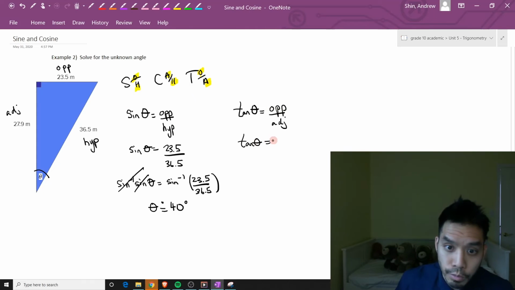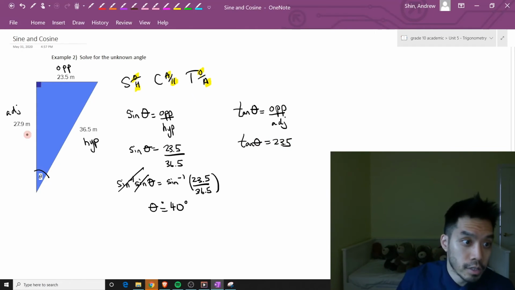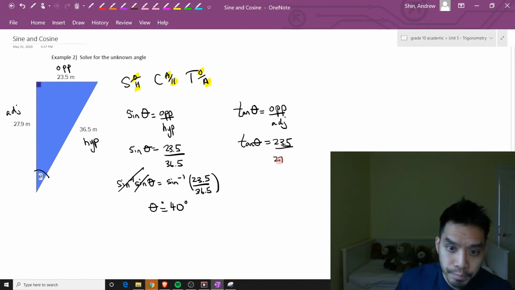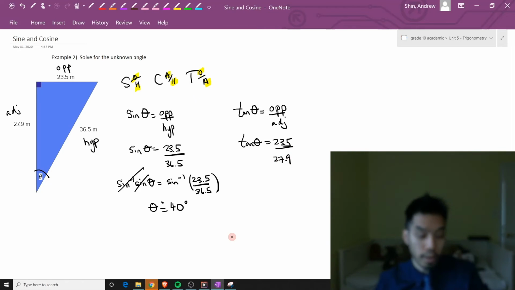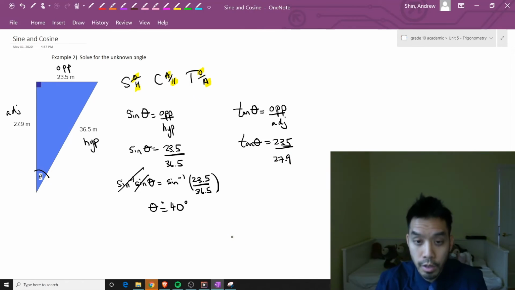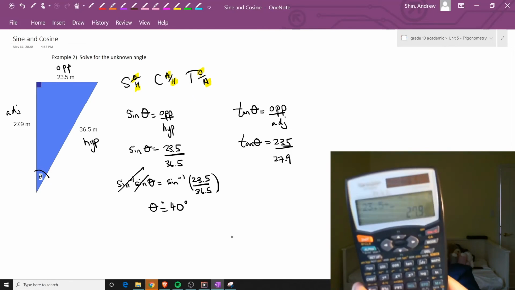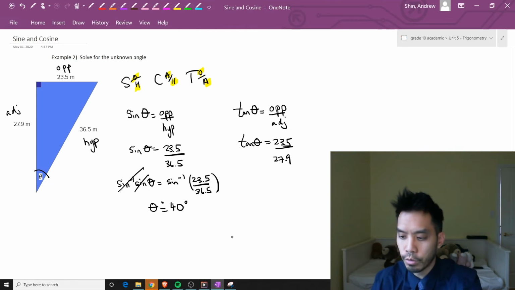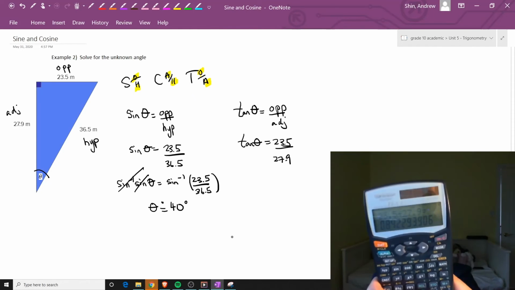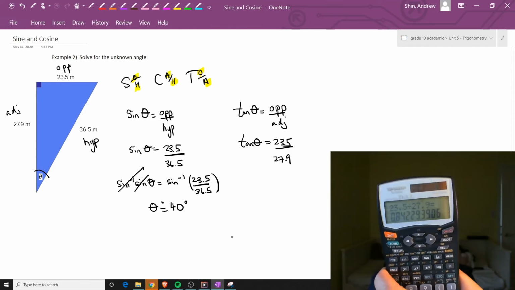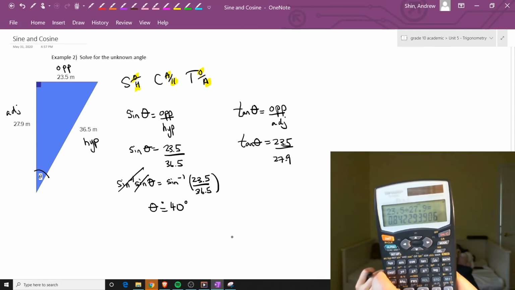Yes, we do, 23.5. Adjacent is 27.9. Okay, so what I'm going to do is I'm going to do it a little bit differently. I'm going to do 23.5 divided by 27.9, like that. I'm going to press the equal sign. And what that tells me is that the opposite is 84% of the adjacent.